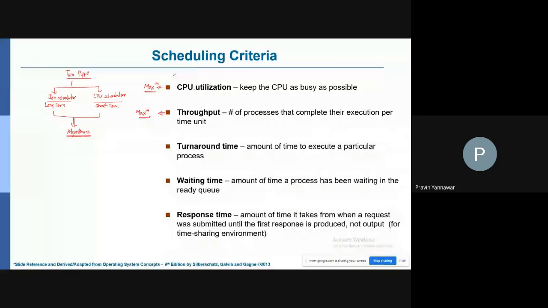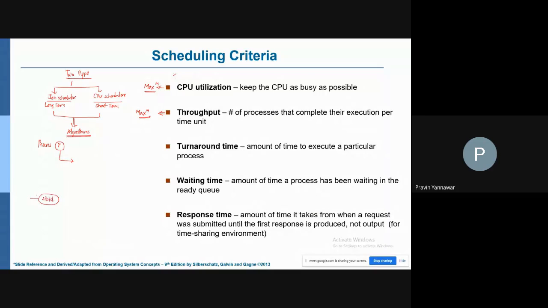Now, turnaround time. With every process there are certain important points that you need to consider. The system has to work through certain states.